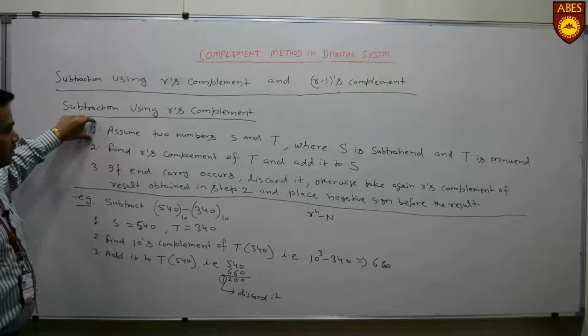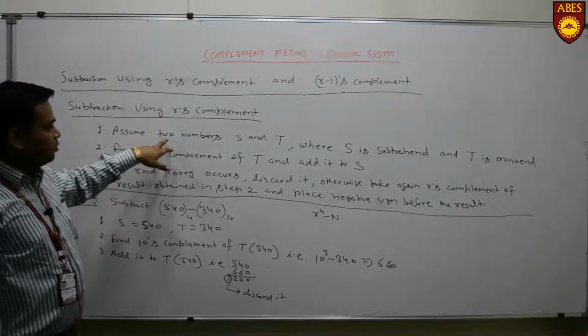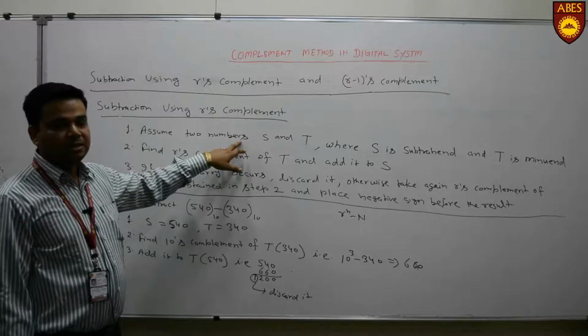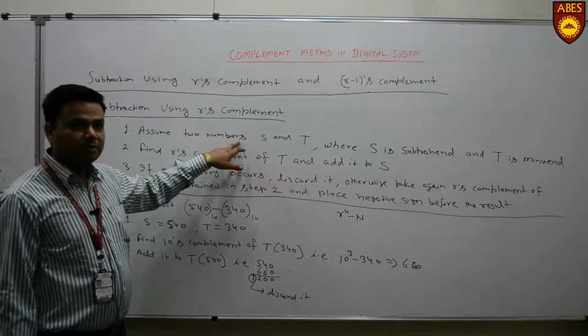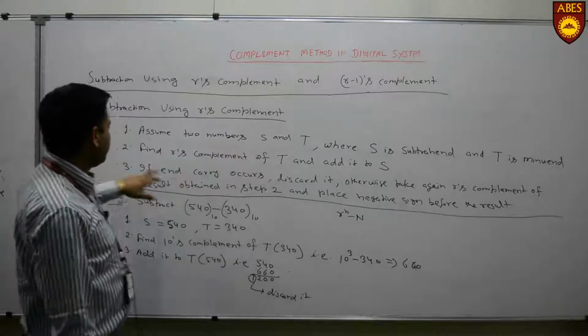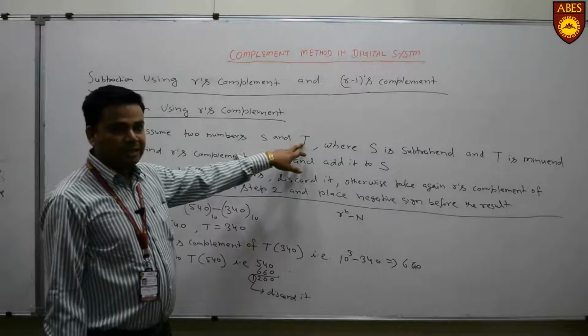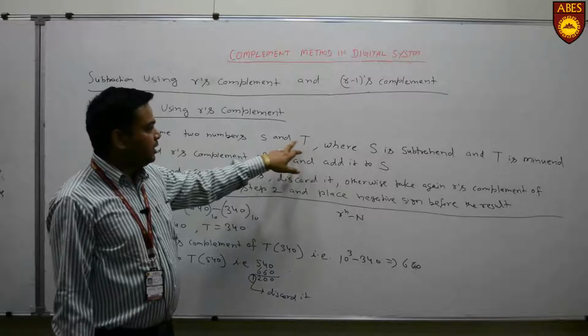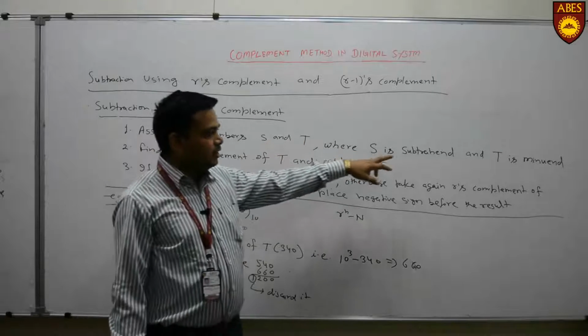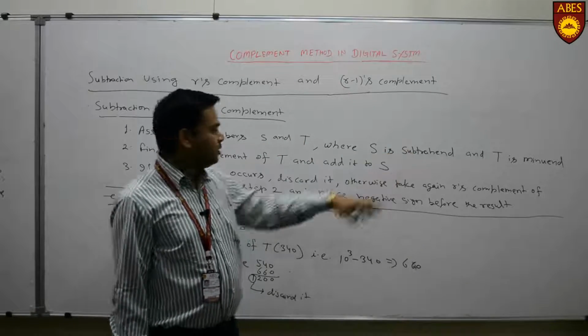In rule 1, assume that s and t are the two numbers which we want to subtract. In the second step, find the r's complement of t, the second number, where s is the minuend and t is the subtrahend.